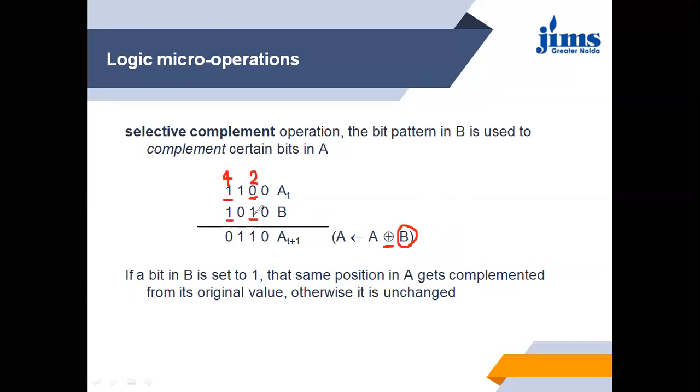When we perform XOR on 0 and 1, the output is 1. When we perform XOR on 1 and 1, the output is 0. So this was 0 earlier, now it is 1. Earlier it was 1, now it is 0. This is the reason it is called selective complement.